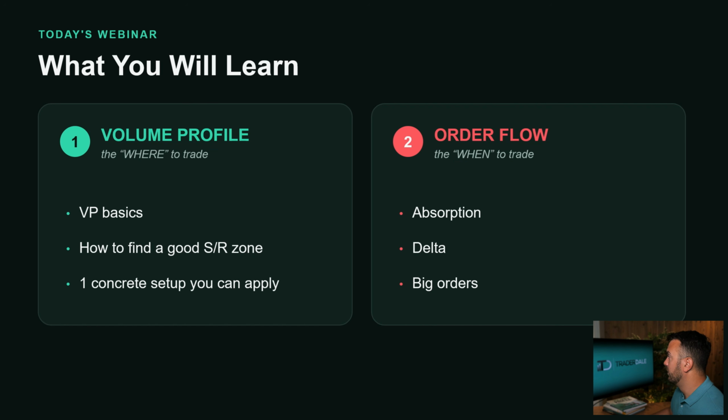In the volume profile part, I'll show you some volume profile basics, then how to use volume profile to find good support and resistance zones, and I'll teach you one concrete setup from A to Z. Then we'll move to the order flow. There I'll show you three setups to confirm your trade entry or to time your trade entry. The setups are called absorption, delta, and big orders.